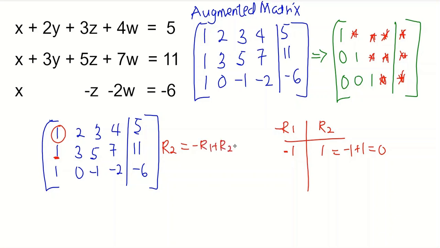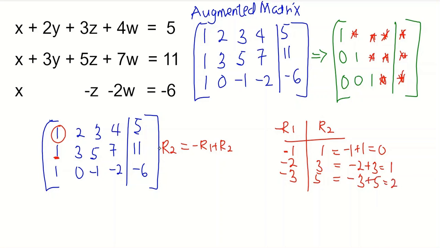We continue for the rest of the elements. In row 1 we have 2, and remember we are subtracting, so we bring -2, and in row 2 we have 3, and so the addition gives -2 plus 3, which is 1. In row 1 we have 3, that is -3, and in row 2 we have 5, so -3 plus 5 gives 2.